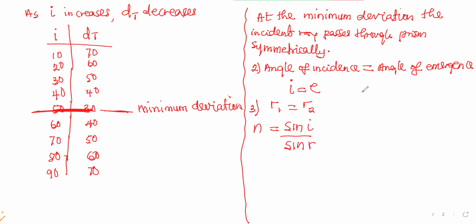But at the minimum deviation, the expression for the total deviation is this: D total is I plus E minus A. At that least value of deviation within the prism, the total becomes the minimum. So D minimum becomes I plus E minus A. Then we make I the subject.